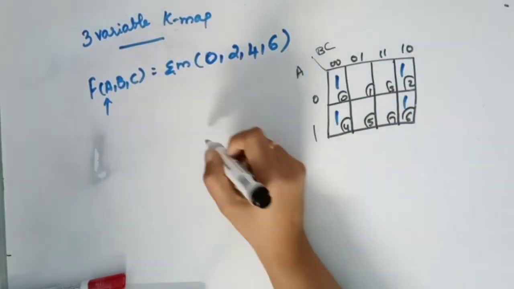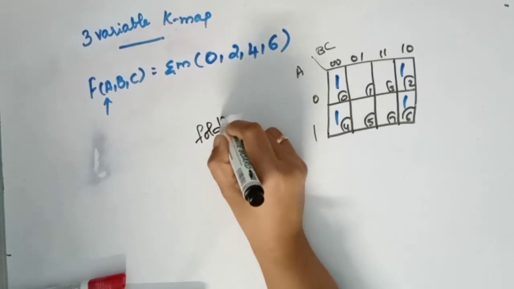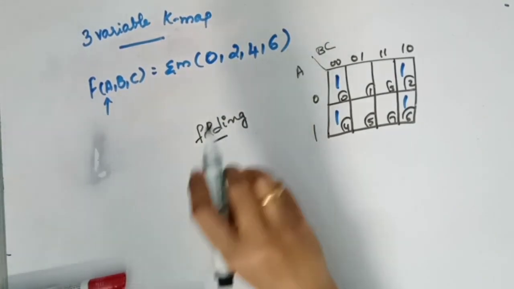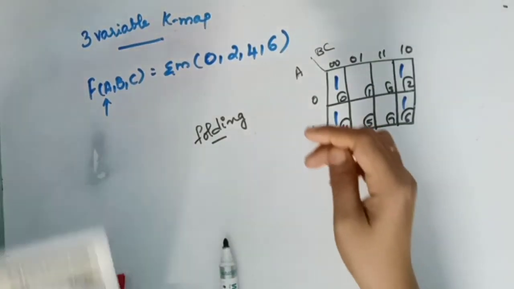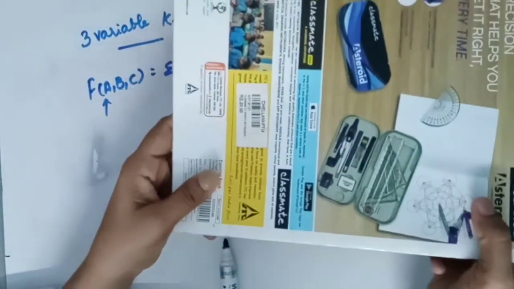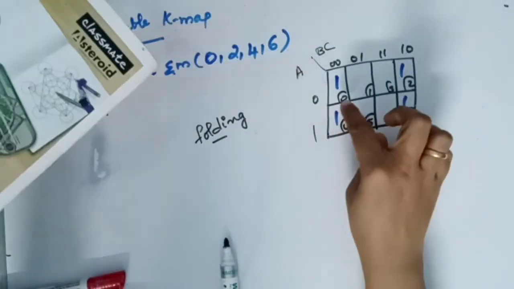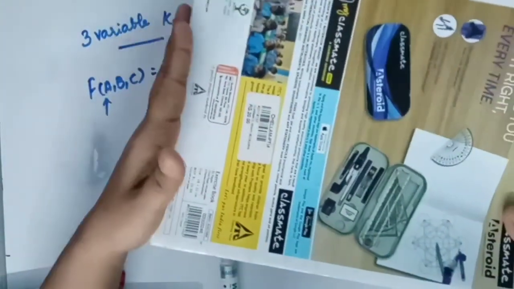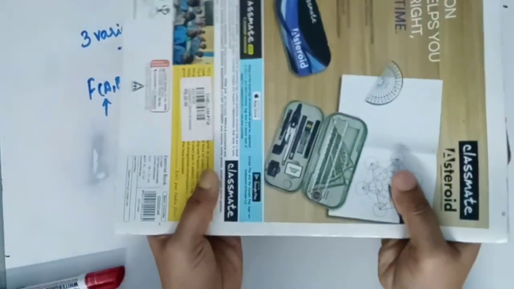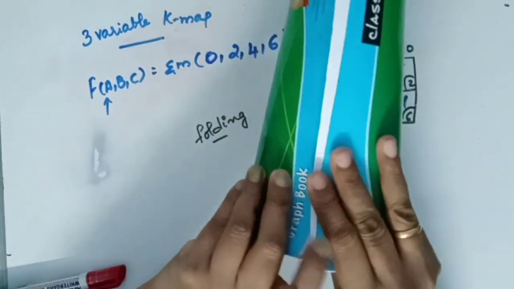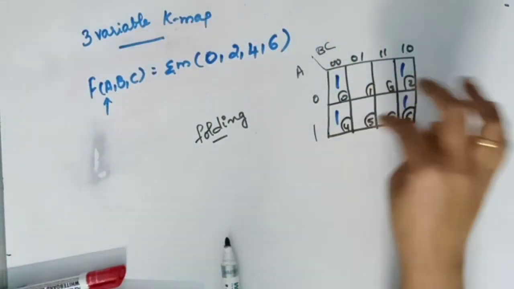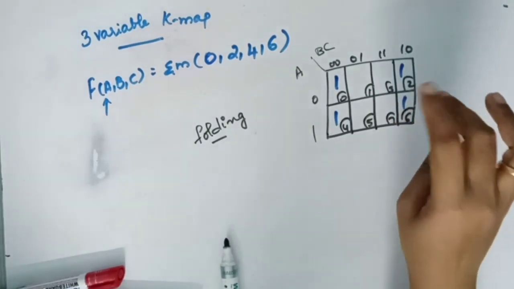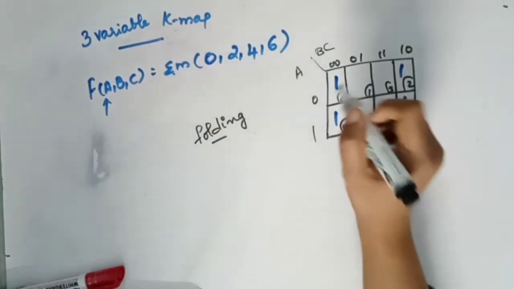So there is something called as folding. That is, suppose this particular thing is a book. Okay, this book, and 0, 4 is in this side and 2, 6 is in this side. So you can fold the book in order to make this 0, 4 and 2, 6 as a single group. So you are folding it how?